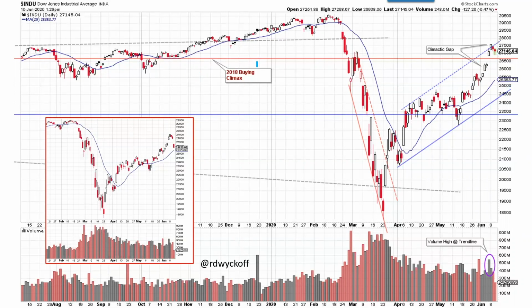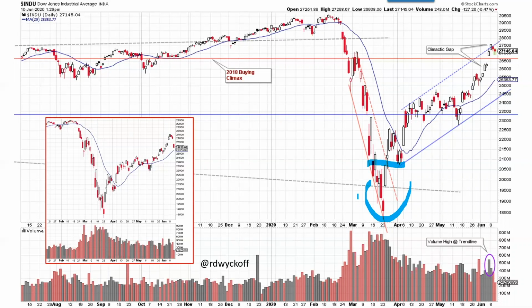So the other thing I'd like to point out is here's our broadening formation here and here. Look at how in the broadening formation there is a decline below the broadening formation and a snap back. There's an accumulation count here and an important rally follows.